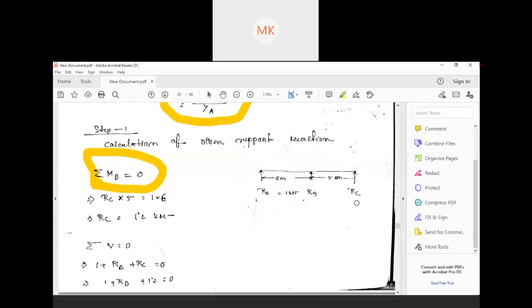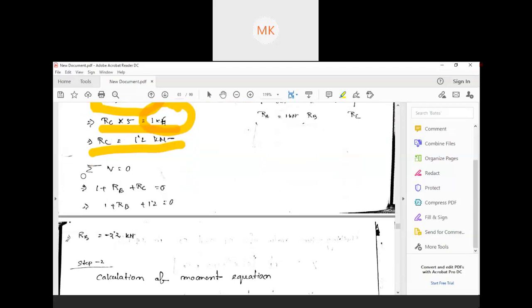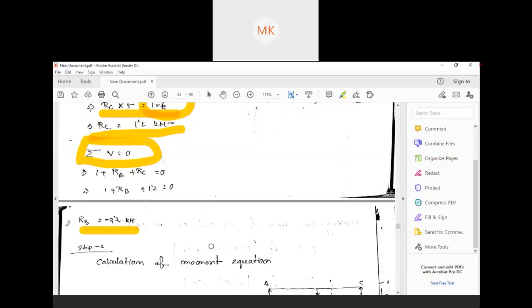All the load, all the distance, everything is given by considering 1 unit load. So RC you can easily find out from that, and by using the vertical equilibrium equation you can also find out RB. Once you have the 2, 3 support reactions, you can easily find them from here.